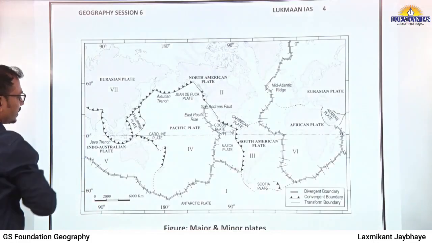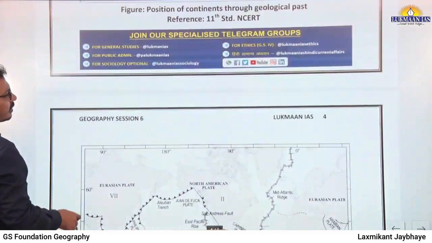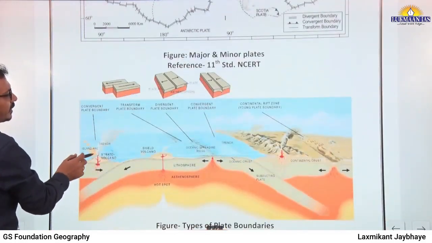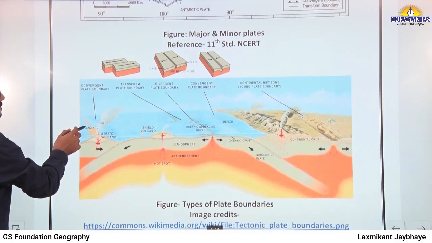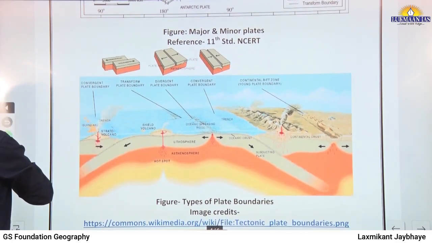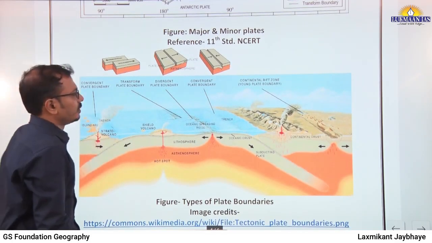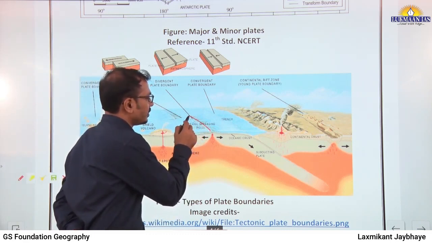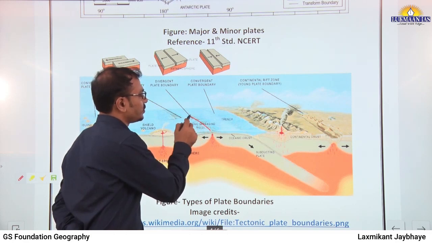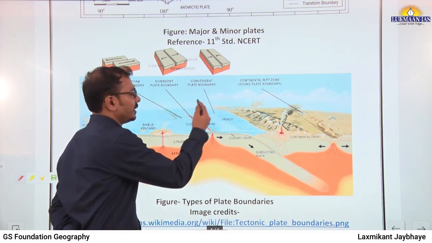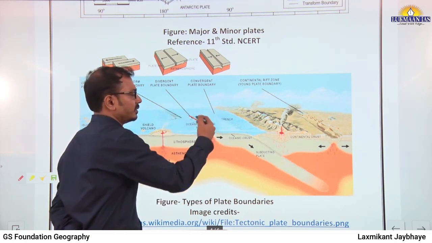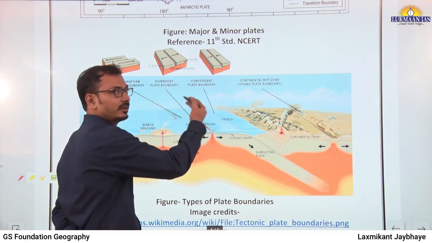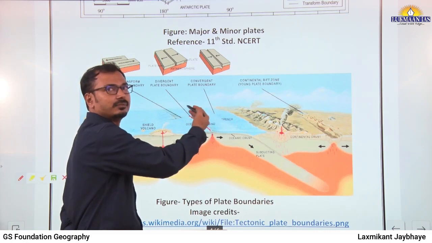Yes, in the same diagram, look at this. This is the mid-oceanic ridge, right? But it is not continuous; rather it is like this. Some part here, some part here, some part here. Can you imagine this?